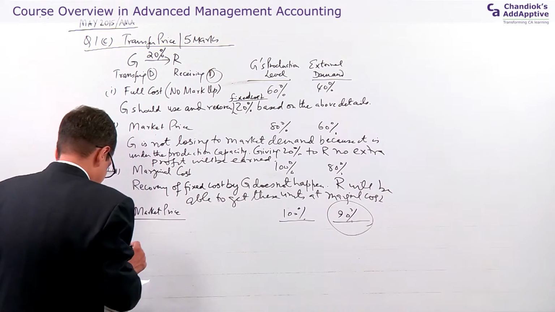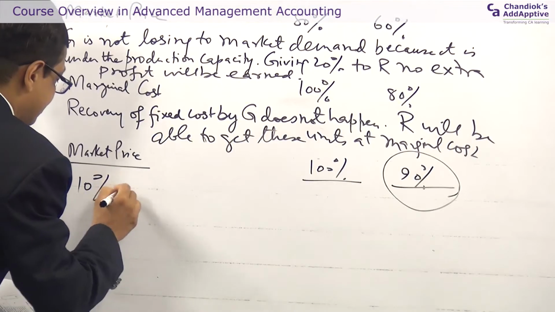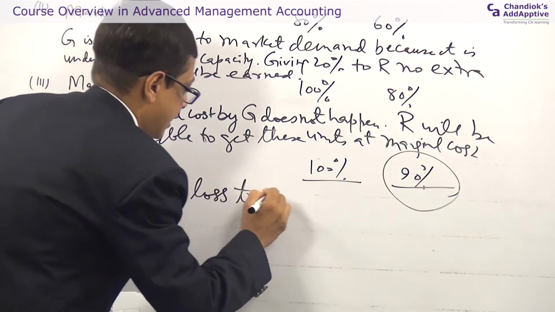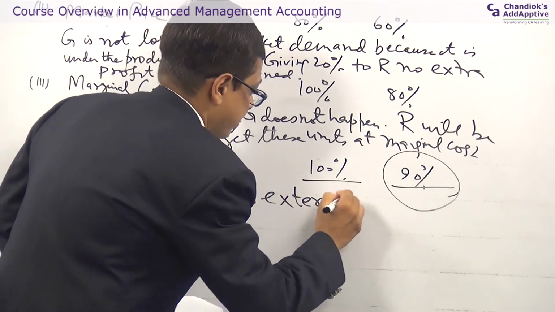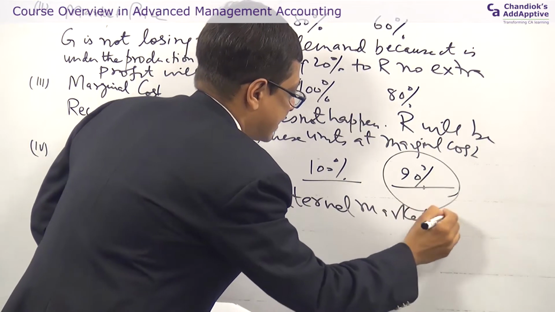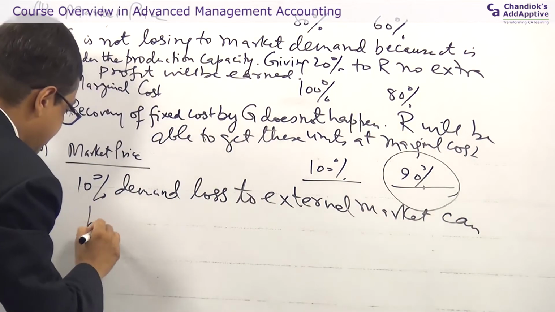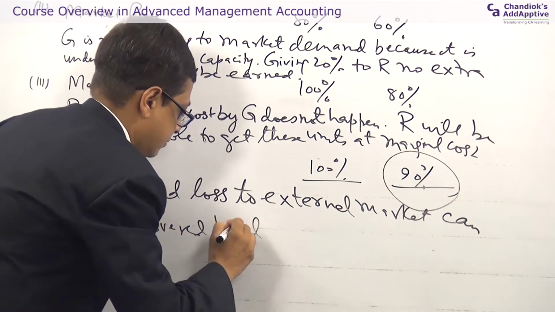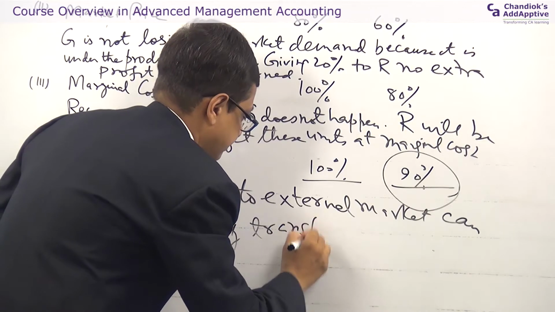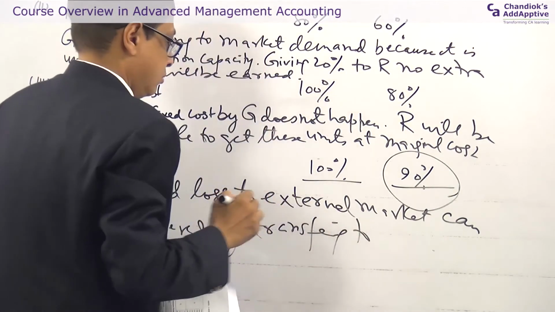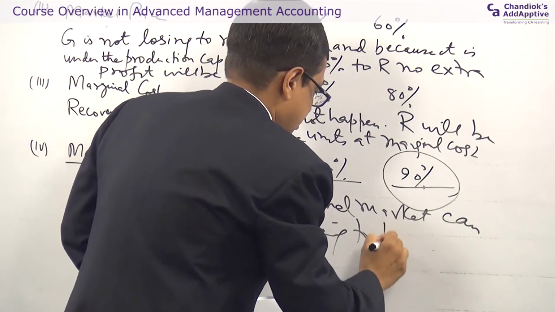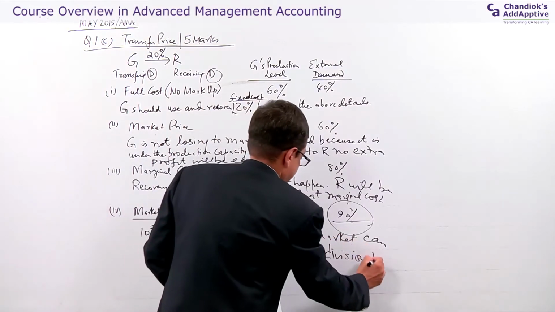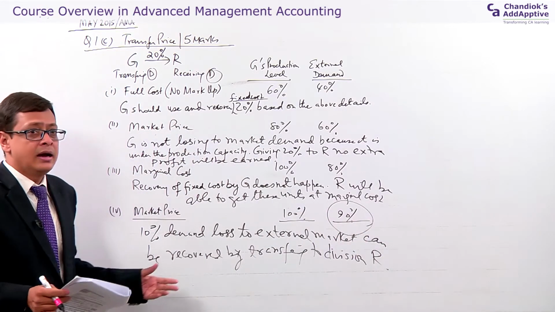I should write that the 10% demand loss to the external market can be recovered by transferring to division R. So that is the answer.